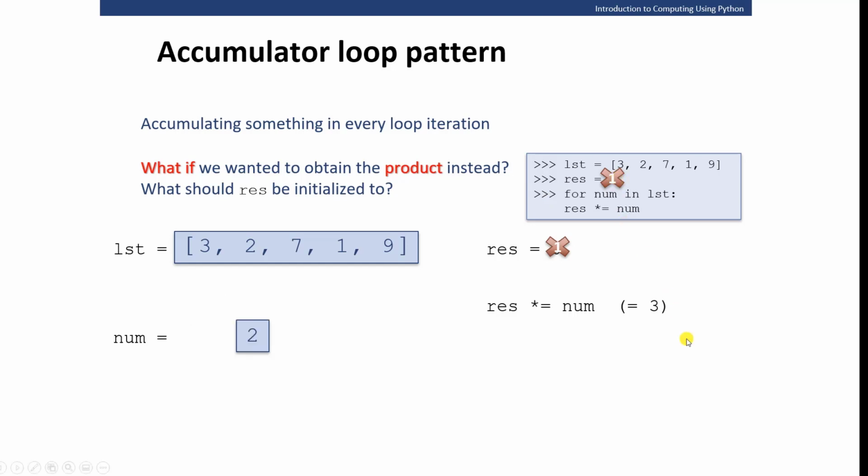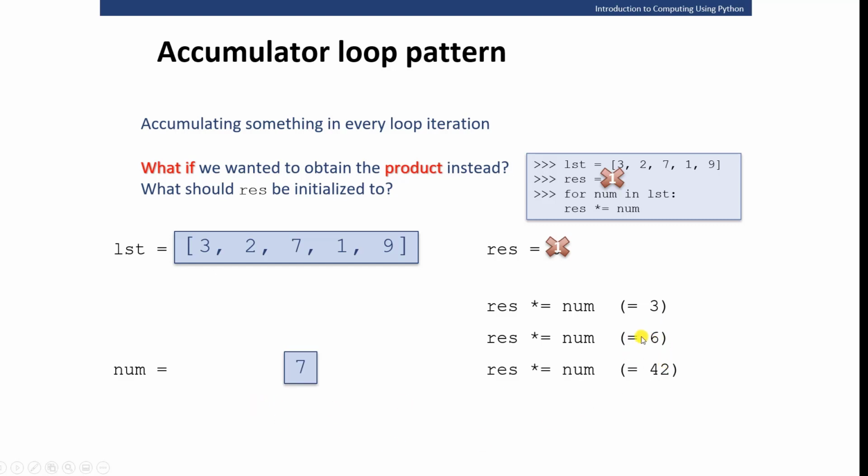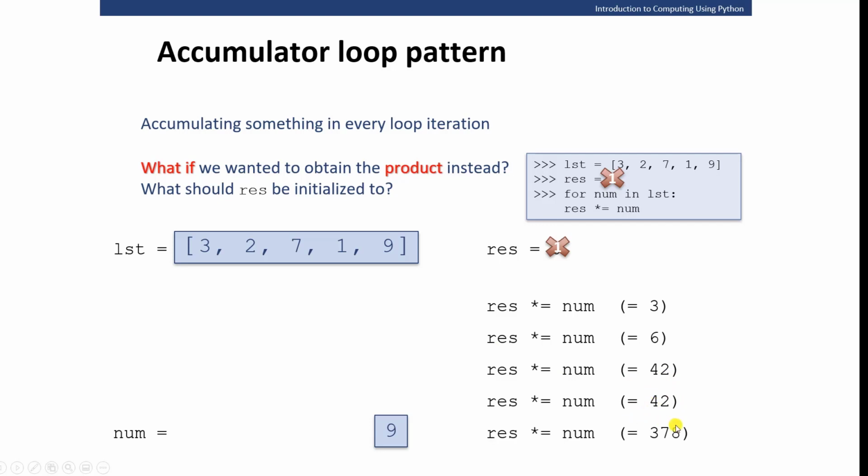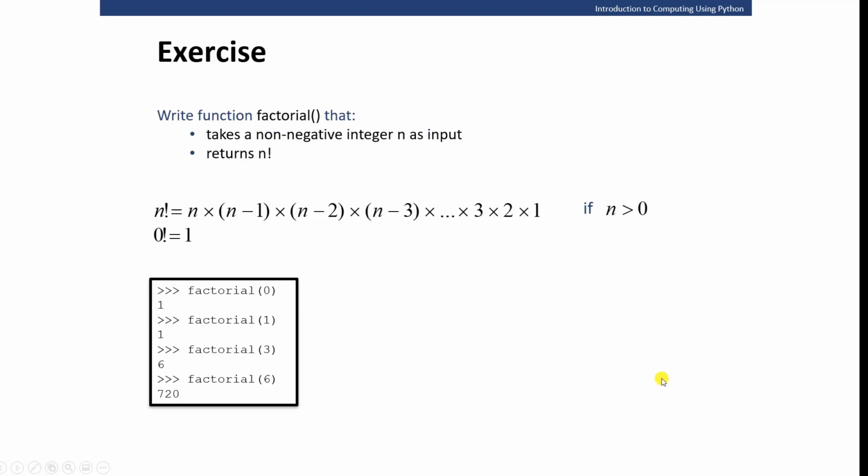So the new value of result will equal 3. Then after that, we multiply 3 with 2, and the new value of result will equal 6. After that, we multiply 6 with 7, and the new result value will equal 42. Then we multiply it with 1, it's still 42. We will multiply it with 9, and the result will equal 378, and that's it. Okay?